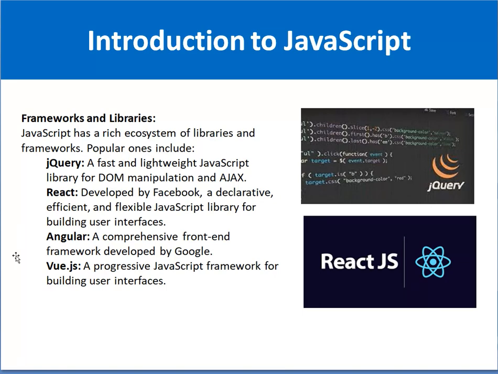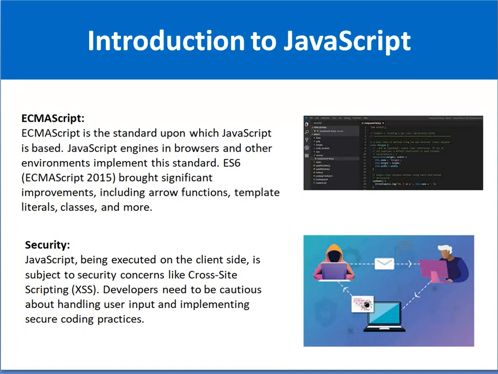Then Angular, a comprehensive front-end framework developed by Google. Vue.js, a progressive JavaScript framework for building user interfaces. So these are libraries commonly used by developers so that they can add value in their development.